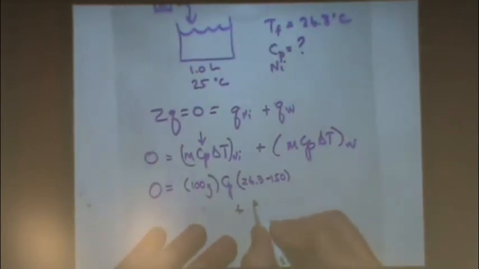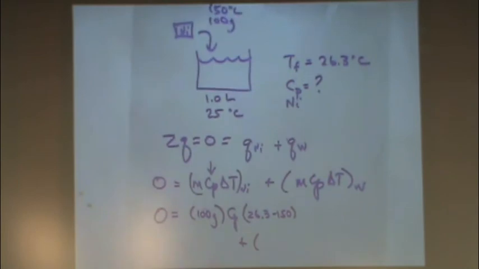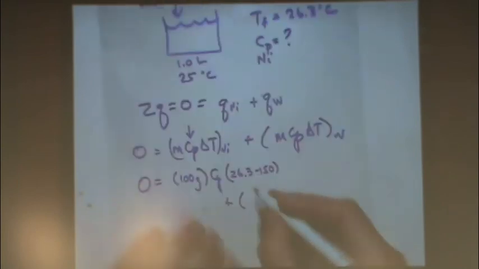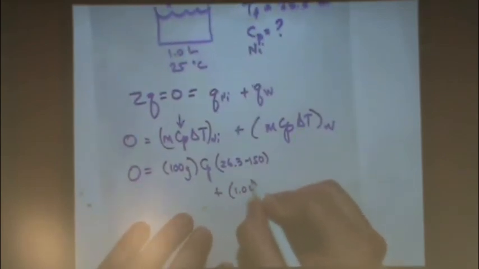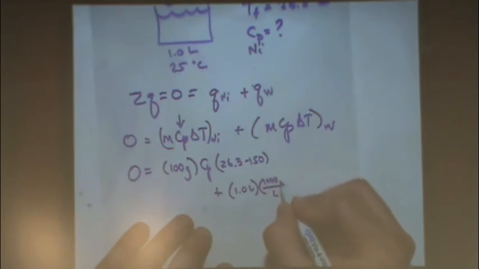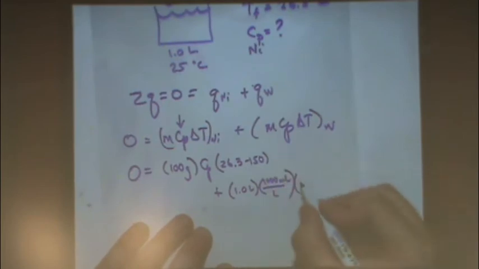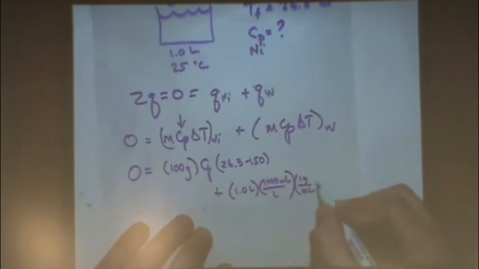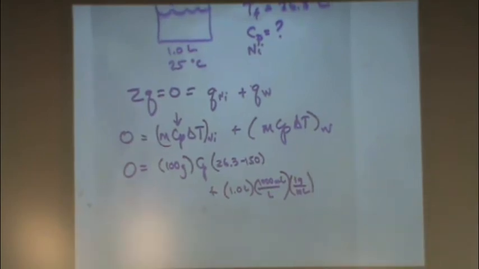And then plus the mass of the water. It's pretty common that they don't give you the mass of the water, they give you the volume. So you say 1 liter, convert this to milliliters, and then use the density given on the back of the exam, 1 gram per milliliter. Now it's in grams.